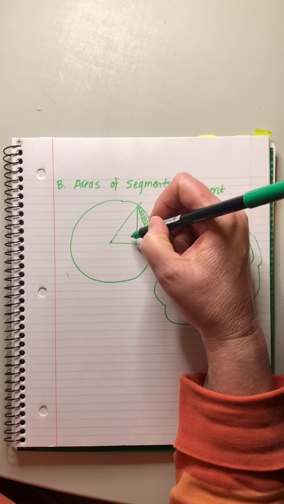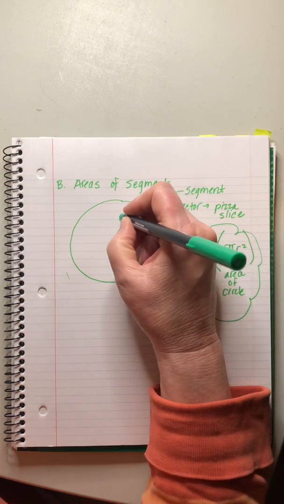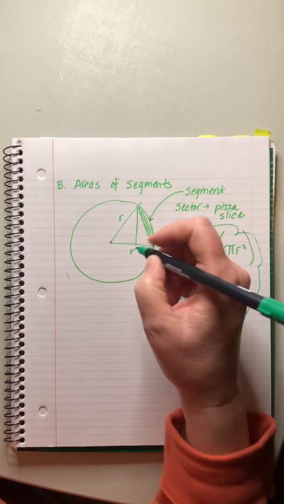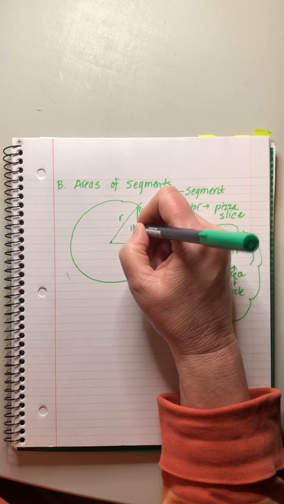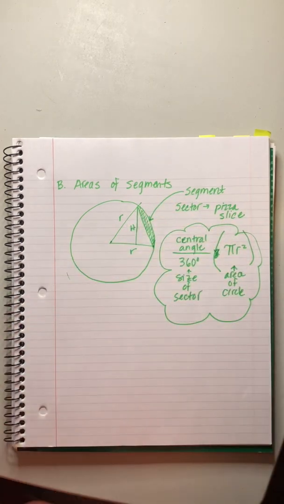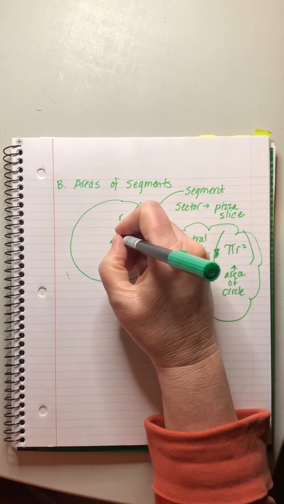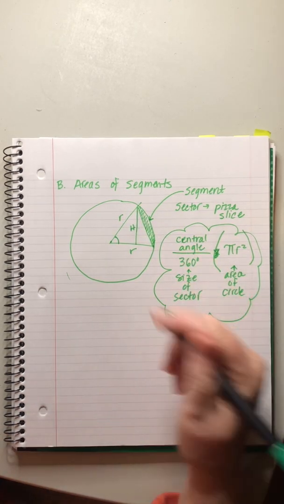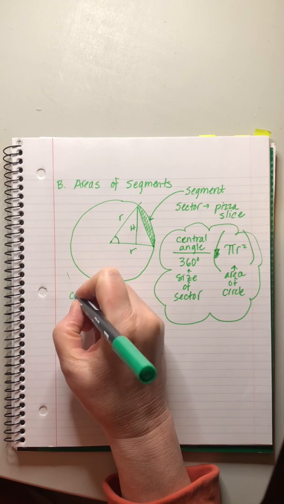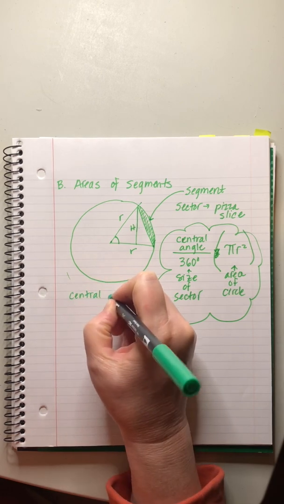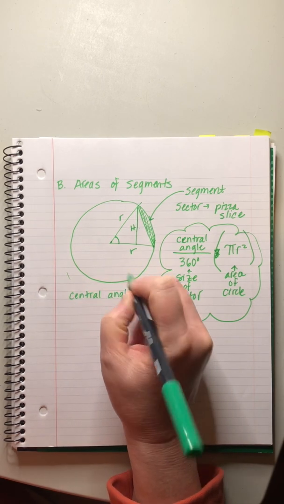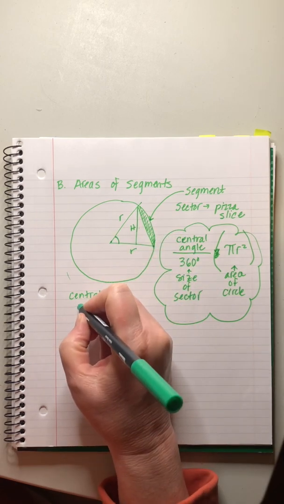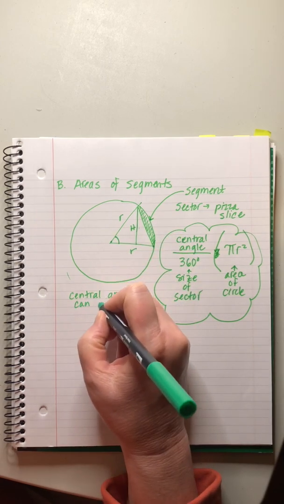That's making me sad. This is a radius, this is a radius, and this is the height of our rectangle. Okay? This is the size of the angle. It can be measured in degrees, but the central angle, this bit here, can be measured in radians. Ooh.